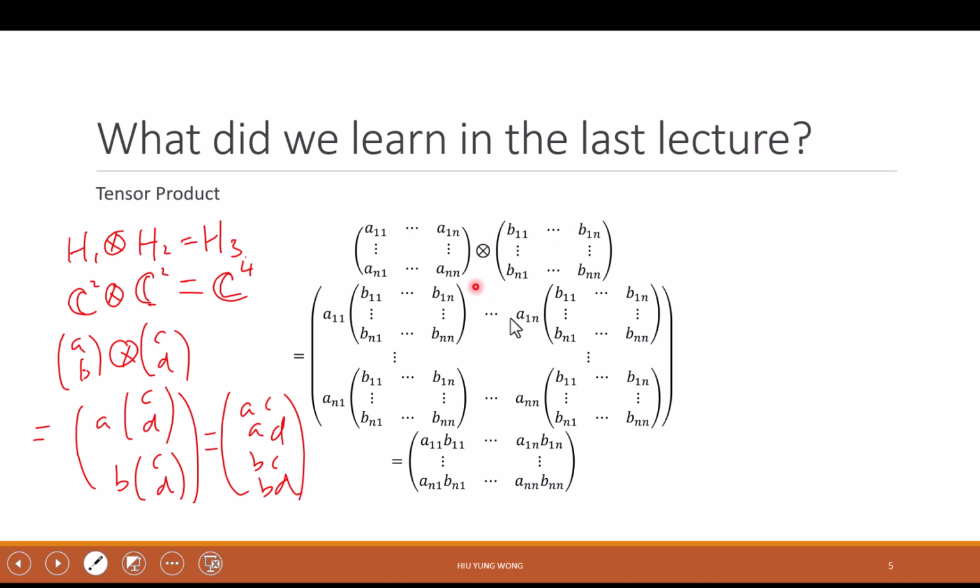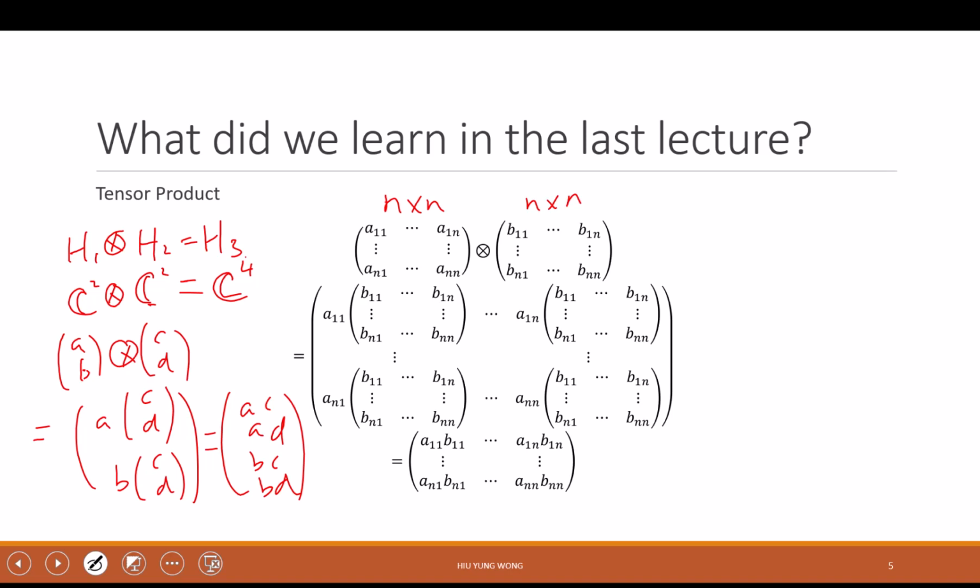And if I have a matrix, n by n, how do I do that? Again, I take every element from the first matrix and multiply it by the whole matrix of the second. And then I just do all the permutations to get the combined matrix. So this is an n by n matrix, and this is an n by n matrix.